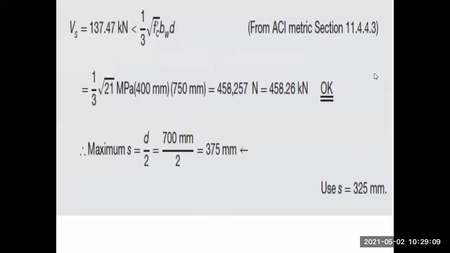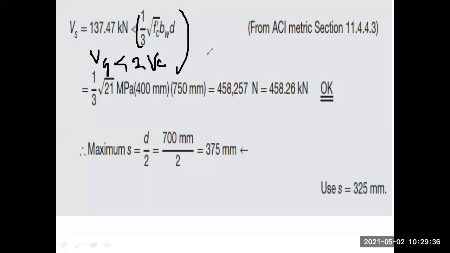And then we see over here the condition is VS less than 1/3 of root f sub c prime times b web times d. This whole thing means that VS is less than 2 times VC. Why?